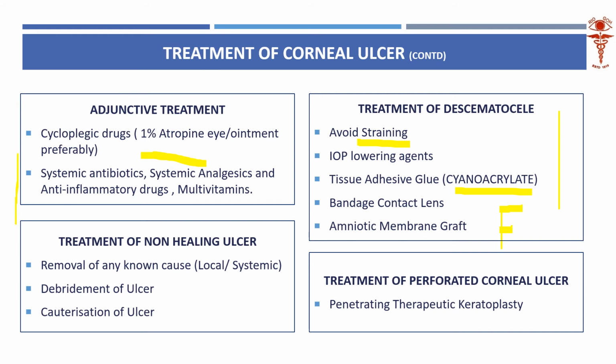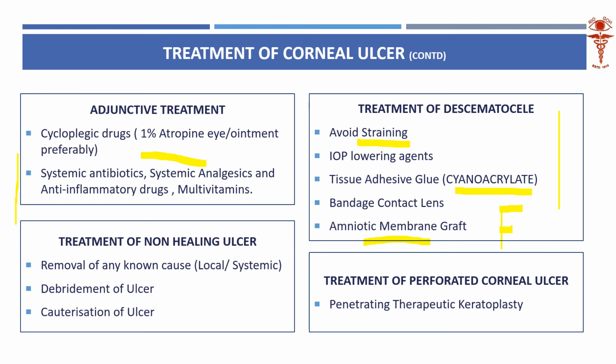That contact lens is used to protect the cornea, and antibiotic drops will be applied over the contact lens. So the contact lens will soak in this antibiotic solution and give it to the cornea. Amniotic membrane graft: at times amniotic membrane can be taken and grafted onto the cornea.